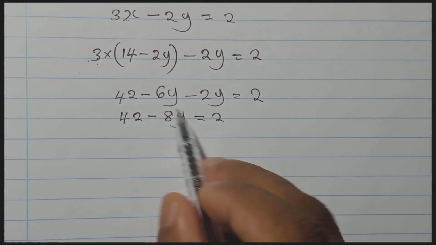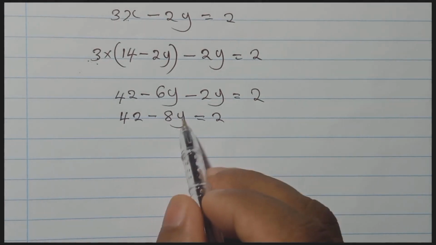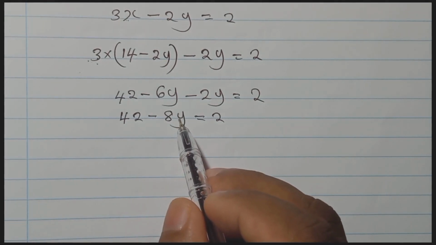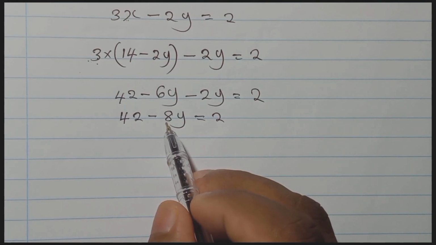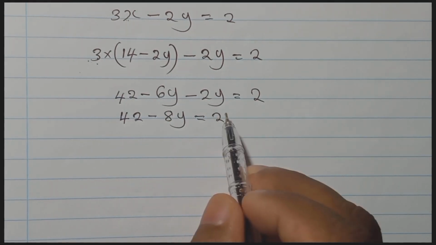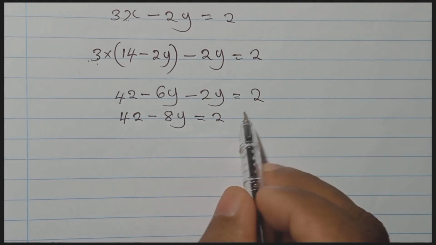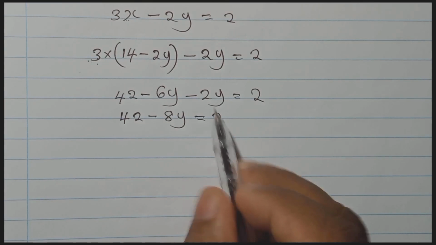Now I need to make y the subject. When you make one letter the subject, if it has a negative sign, bring it to the other side, then it becomes plus, and it will be easy. So I will bring this minus 8y to this side and this plus 2 to this side.